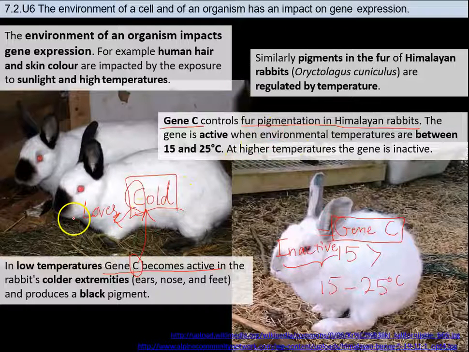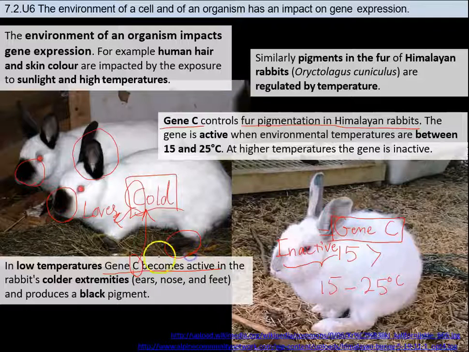So that's why you can see these cute areas of the nose and ears become a black color. In low temperatures, gene C becomes active in the rabbit's colder extremities like ears, nose, and feet.